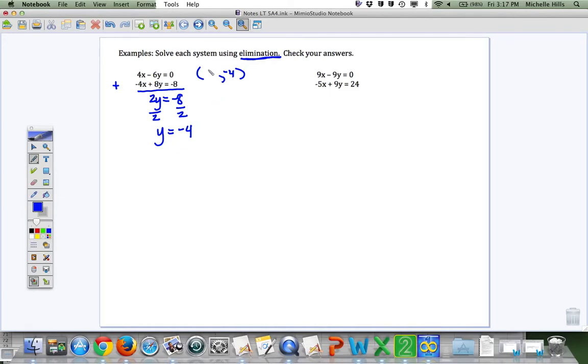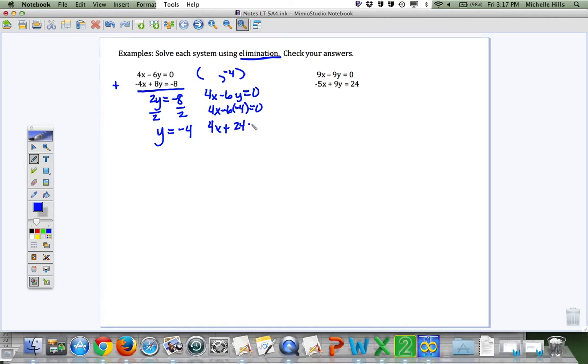Now I need to find the x. I'm just going to use the first equation, the 4x minus 6y equals 0 equation, but I know that y has a value of negative 4. So 4x minus 6 times negative 4 equals 0. So 4x, and then negative 6 times negative 4 is a positive 24.